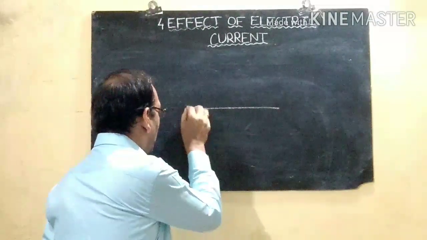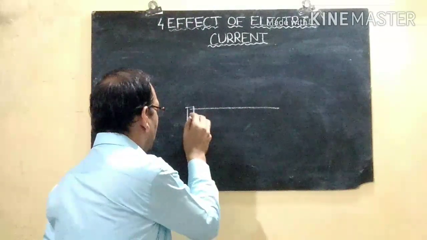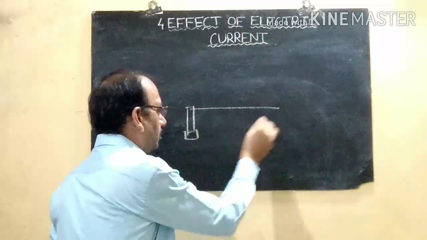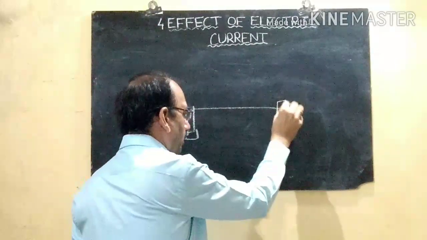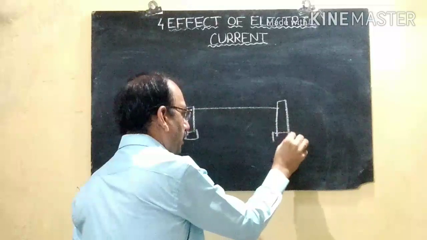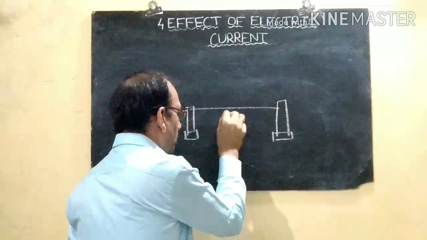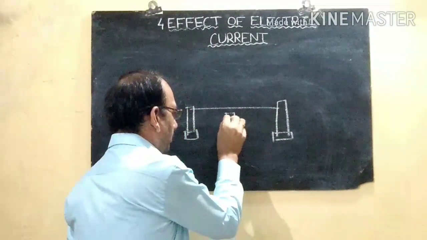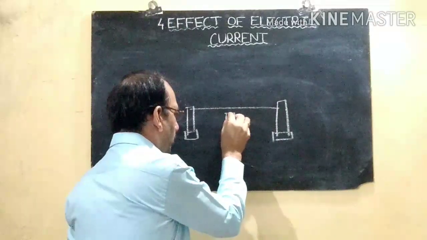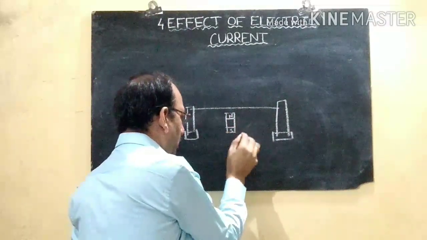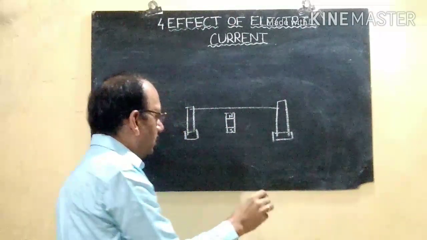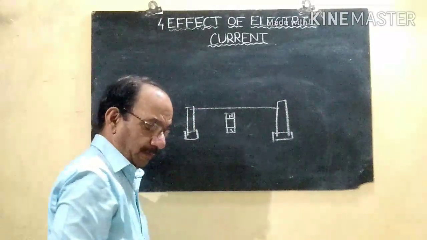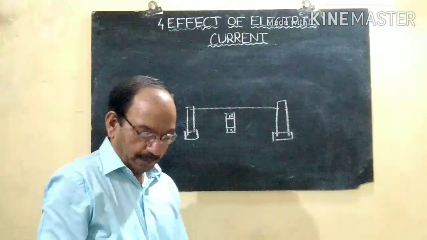Arrange this copper wire like this with the help of a stand and keep the bar magnet just below this copper wire. Any one pole will be towards this copper wire. What happened?